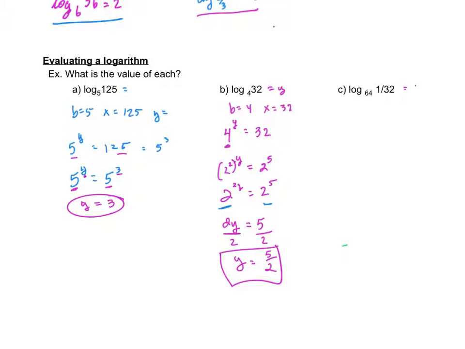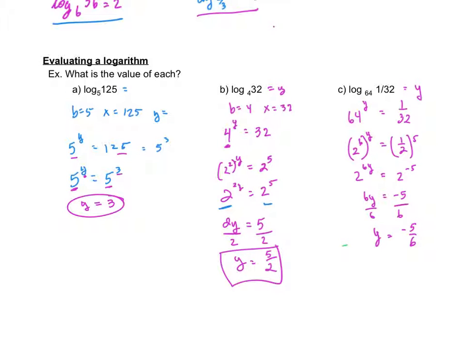So there you go, evaluating that, y is going to be equal to 5 halves. And then finally, this last one, I'm going to have 64 raised to some power equals 1/32. Well, I can tell you that's going to be a fraction, and let's see where it's going to go with this. Okay, looking at that problem, we know that 64 raised to the y equals 1/32.